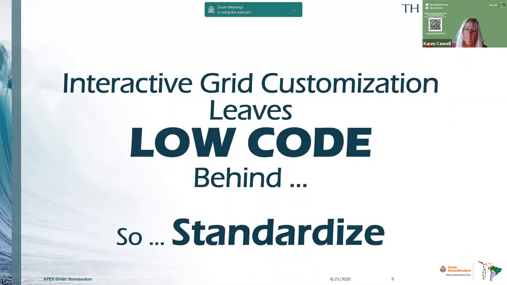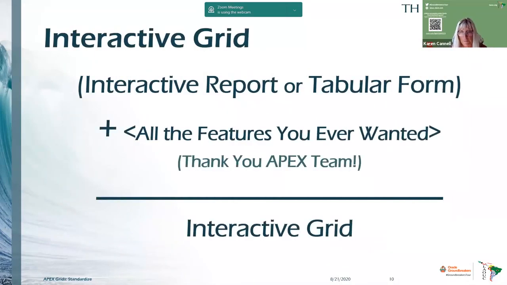Thus the need to really standardize when you get into toolbar and button and row action menu configuration. So you're like, okay, what are you talking about? You're scaring me. So hang on, a little bit of background here. Interactive grids are the sum total of interactive reports and tabular forms, and all our gripes and begging and all the features we ever wanted that we told the Apex team, they came up with interactive grids.